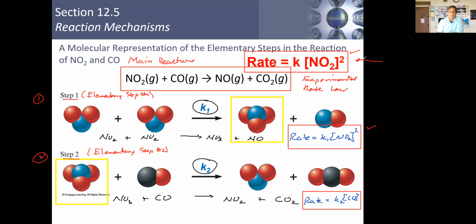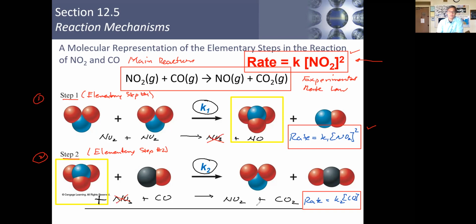Okay? And so the second criteria would require that the two elementary steps, when you combine them together, and I'm just going to draw a line right here. When I say combine them together, that means we're going to add them together, very much like you remember with Hess's law. We add them together and we see that the nitrogen trioxide cancels out. Okay, so that is gone on both sides here.